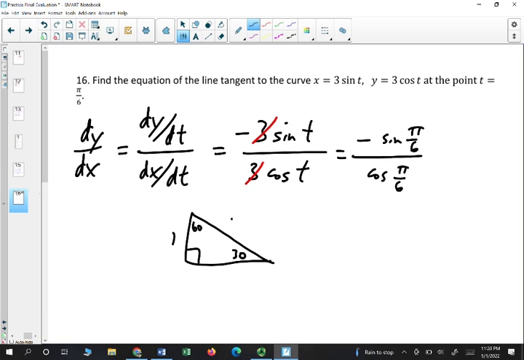We have 1, 2, square root 3. Pi over 6 is 30, so sine of 30 would be opposite over hypotenuse, so that would be negative 1/2. Our cosine of pi over 6 will be square root of 3 over 2.